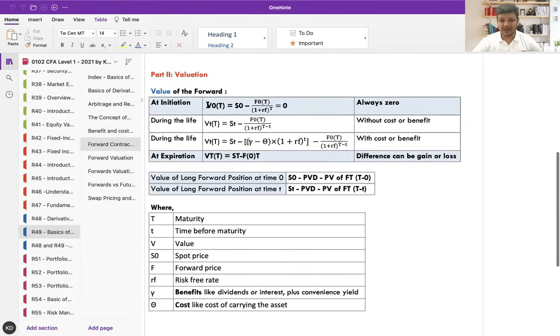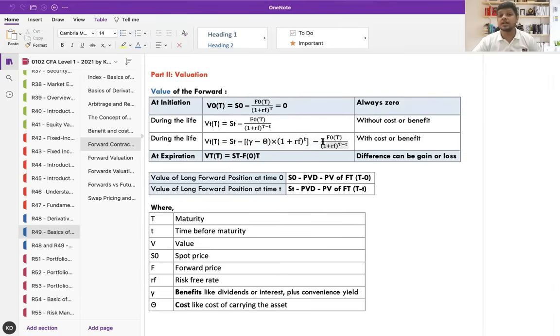Now, the same thing here. What is the situation? Now, this should be very much clear. What will happen? Again, spot minus the present value of futures, which is always zero at initiation. Spot minus the value of the future depending on where you are calculating. If you're calculating in between, just discount it in between. If there is a cost and benefit, adjust it from the spot, then take everything into the future and adjust it with the future price.